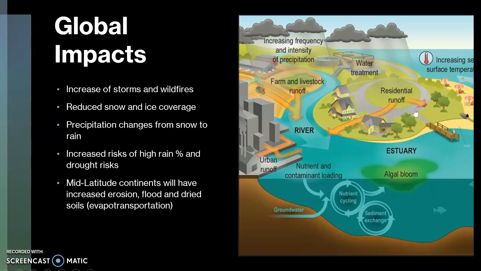And with the rain also, we tend to notice runoff of fertilizers and other contaminants that will contaminate the waters, the rivers, the seas, and the lakes, and really anywhere in the world where there's an increase of that precipitation. And that can lead to, as you see in the picture, nutrient cycling and sediment exchange. And the algal bloom to the right, we notice that a lot here in Florida.